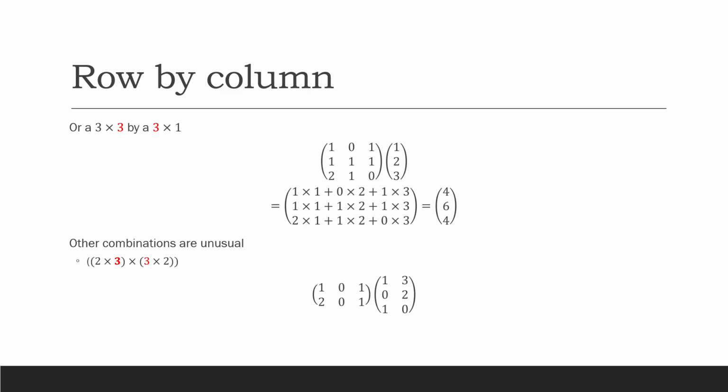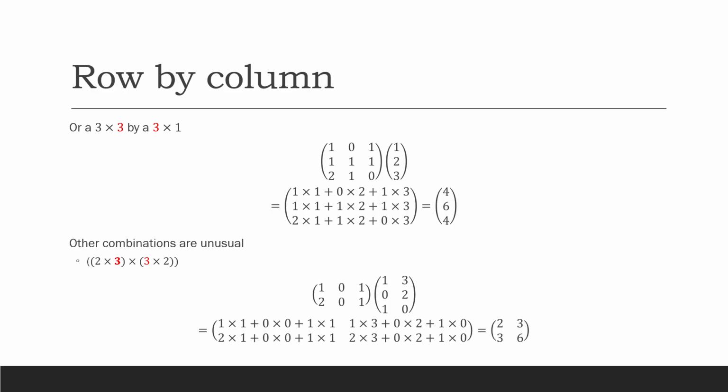So it's going to be 1 by 1 plus 1 by 0 plus 1 by 1. First row times the first column, first row times the second column. So 1 times 3, 0 times 2, 1 times 0. And the same with the second row. Second row times the first column, second row times the second column.